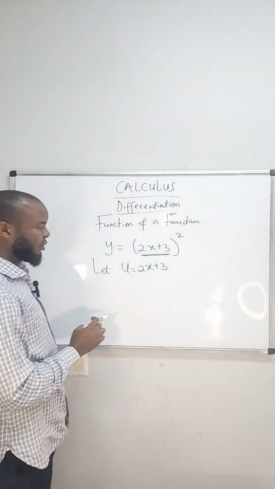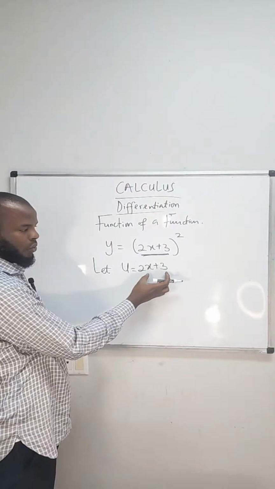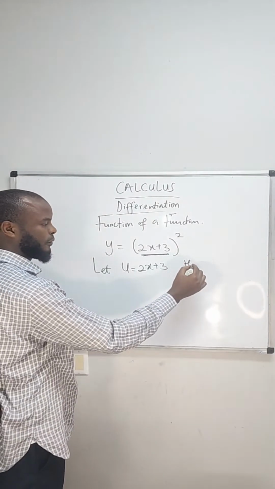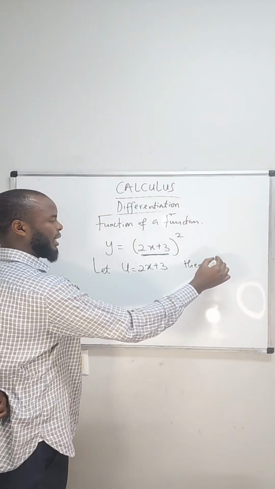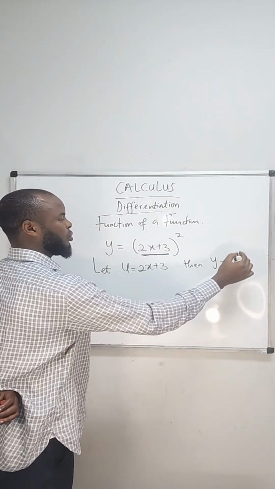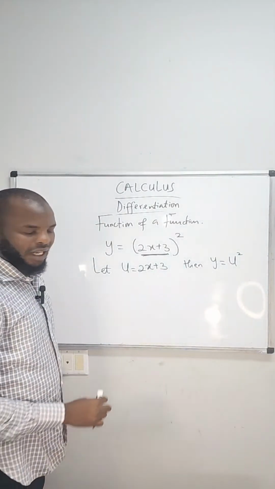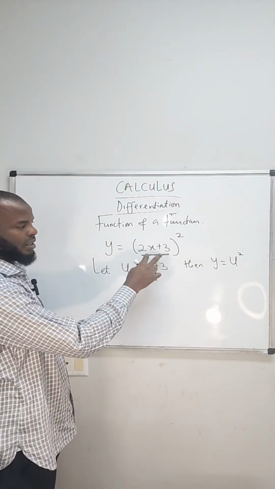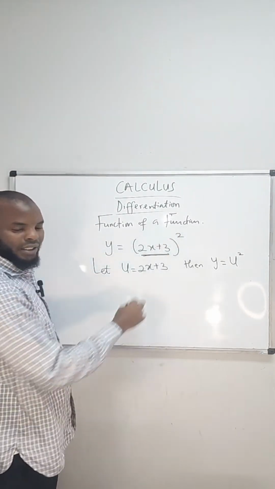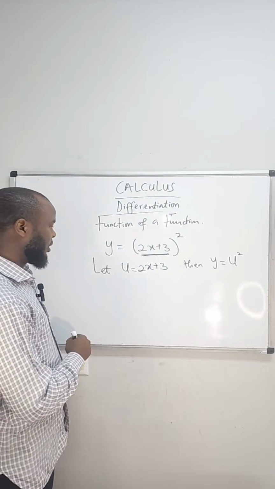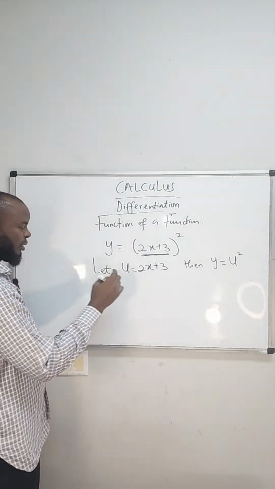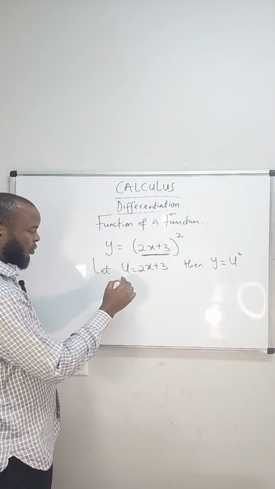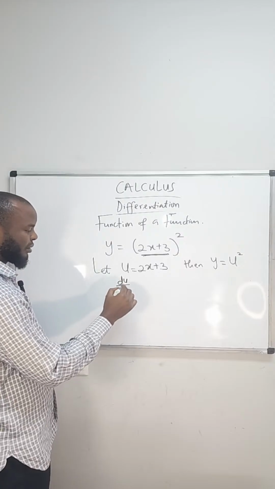So this is the function. Now, if u equals this, then your y equals u squared, because now you've made this to be u. Now, the first thing you have to do is differentiate your u with respect to x.